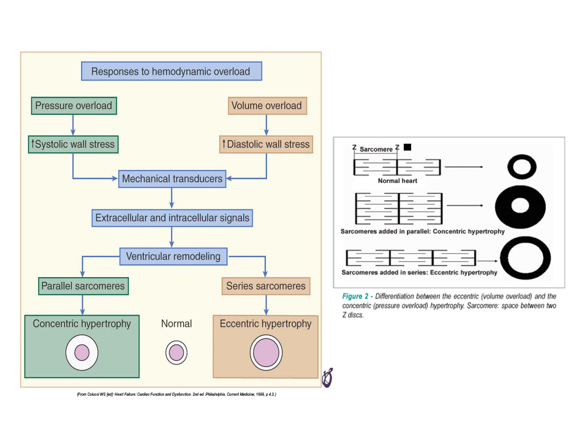And this is how it goes. The load that you give to the heart, if it is a pressure overload, there is also an increase in systolic wall stress, increase in arterial pressure.